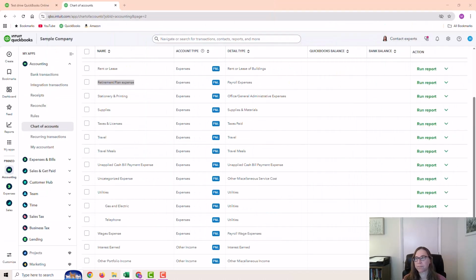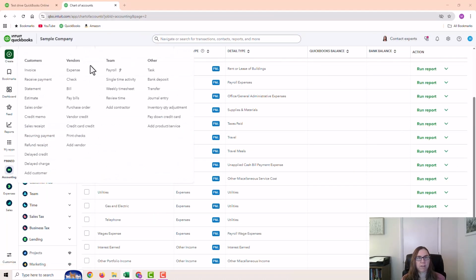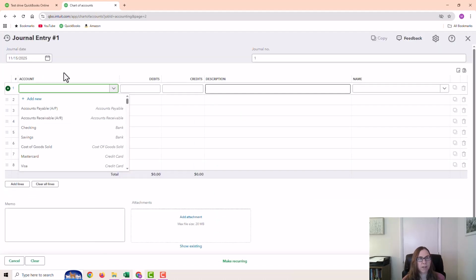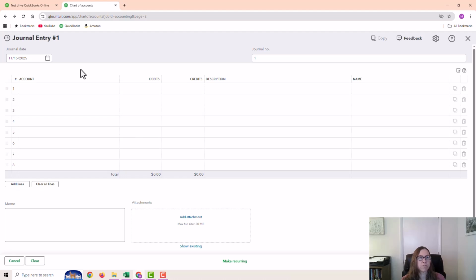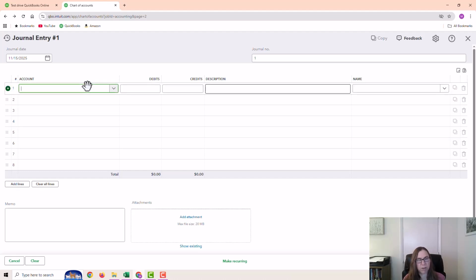Okay, so first of all, I would have an entry for the regular payroll. And there's a lot of different ways you can do this, but I'm going to try to keep it as simple as possible because my focus is the 401k payable account, and I don't want to get too in depth with a lot of the other things related to this payroll.